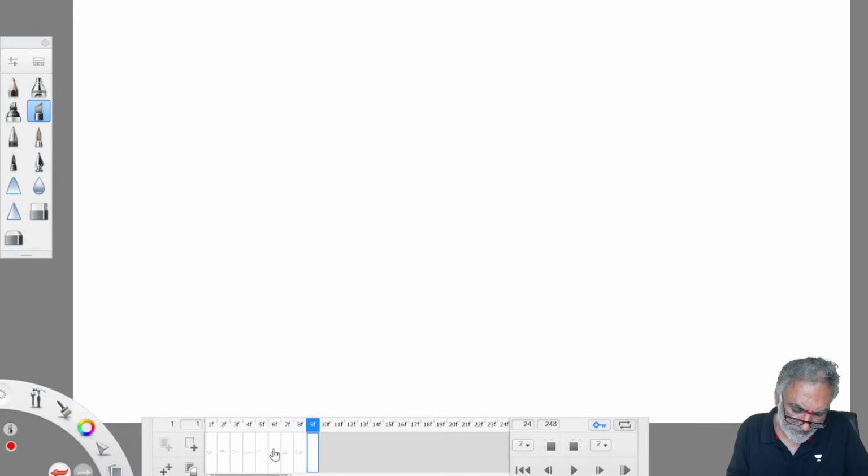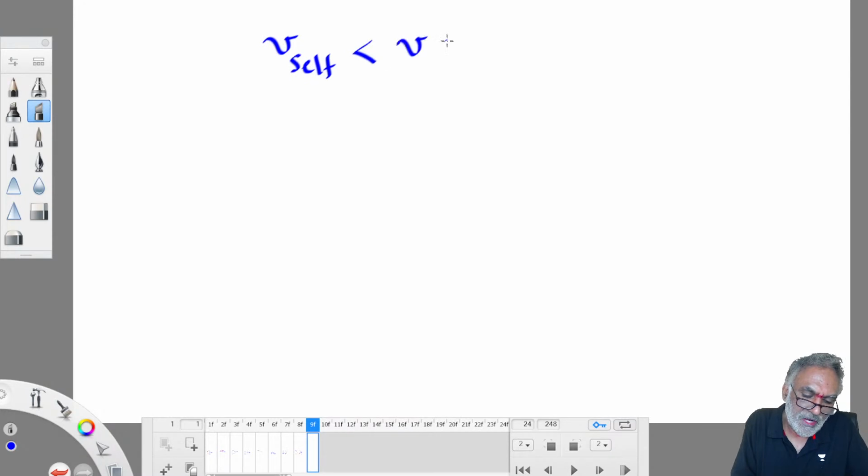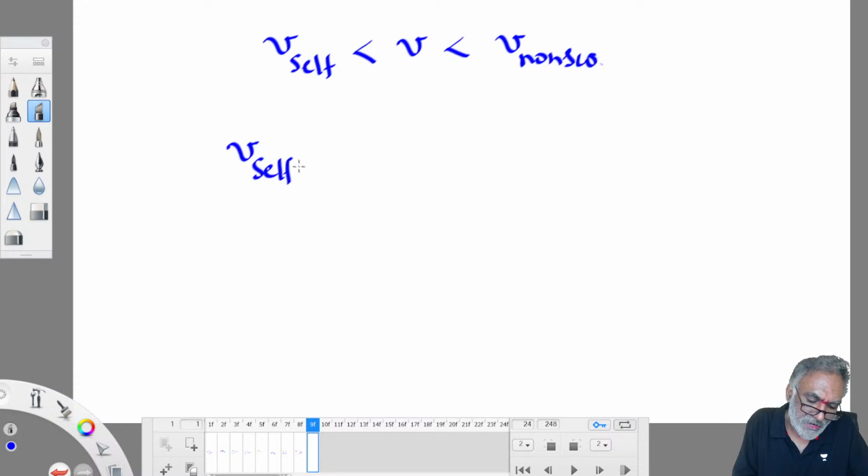And one more thing is, the flow velocity should be more than the self-cleansing velocity provided in the sewer, and it should be less than the non-scouring velocity. Flow velocity should not be less than self-cleansing and should not be more than non-scouring. Okay? So self-cleansing velocity sometimes we work out by using the expression square root of 8k by f into (s minus 1) g d.